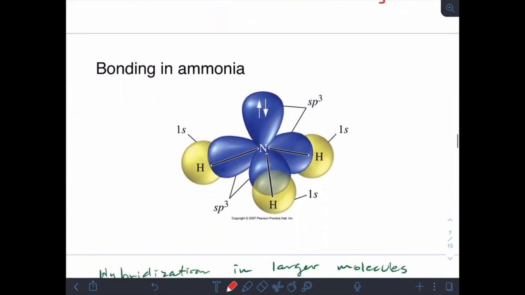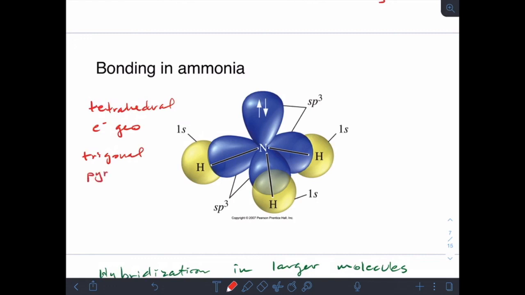Ammonia. Remember, ammonia has a tetrahedral electron geometry, but a trigonal pyramidal molecular geometry.